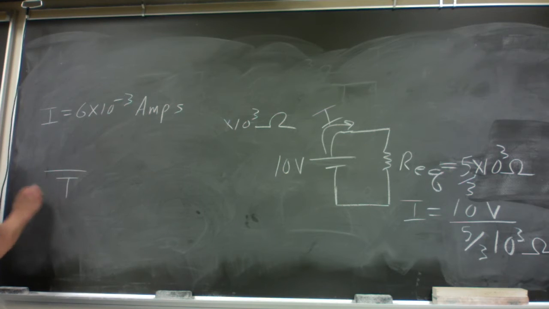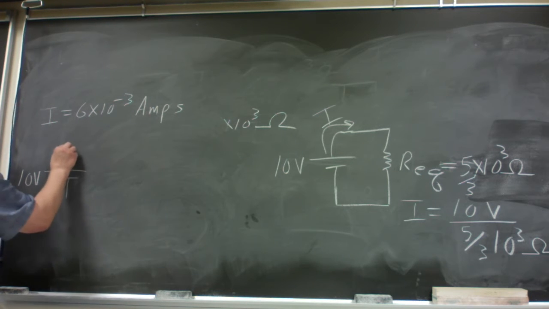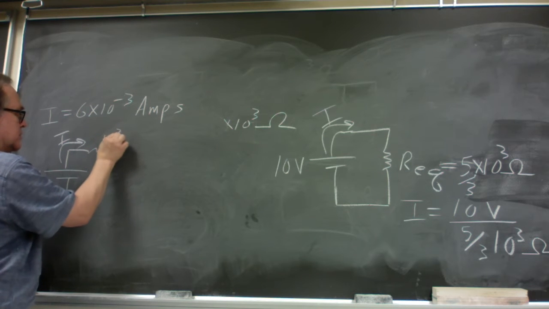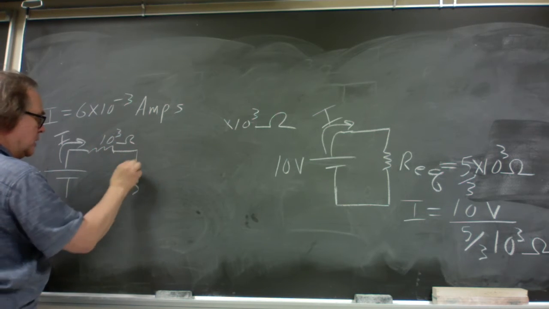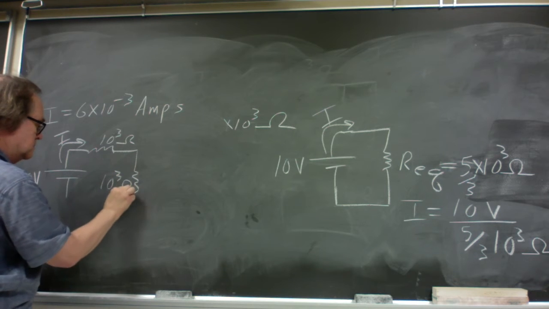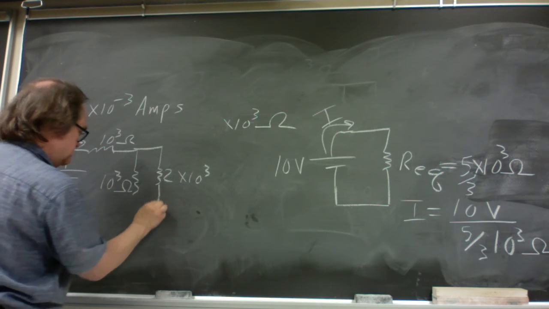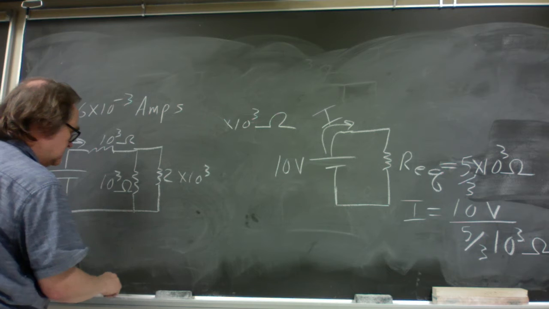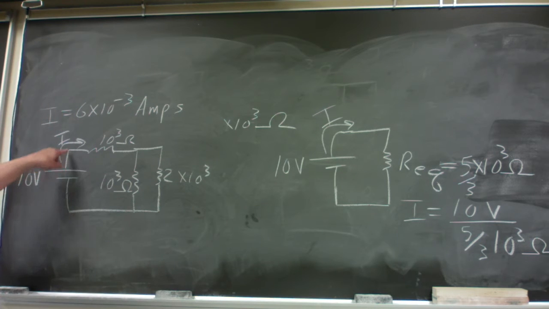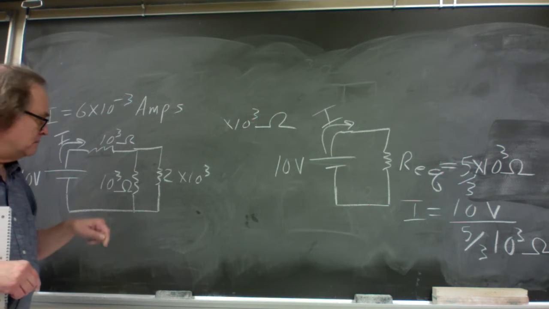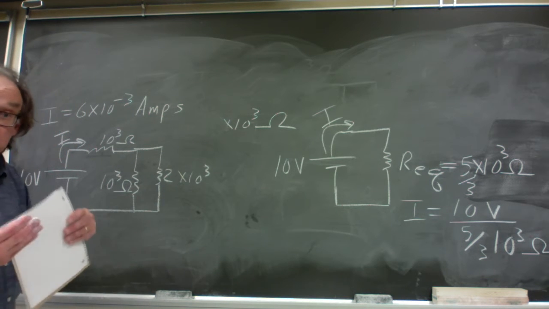So then what have we got here? 10 volts. And then the current going this way, I, through the 10 to the 3 ohm resistor, and then it gets split up. So 6 milliamps goes through here, and then it gets split up. And we know how it gets split up. Look at that ratio again.